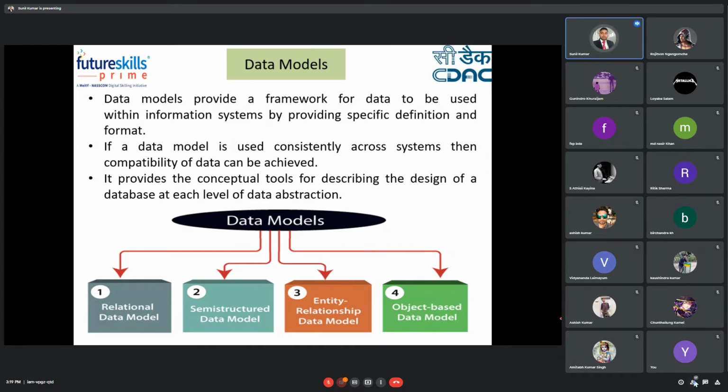Like in a school, in a class, there may be many students. Some students have very good knowledge in math. Some students are expert in Hindi. Some students are expert in English. But still, they all have the same rules and regulations.